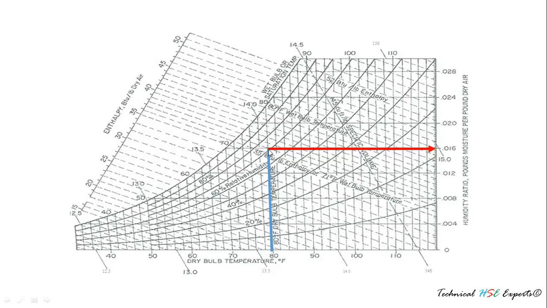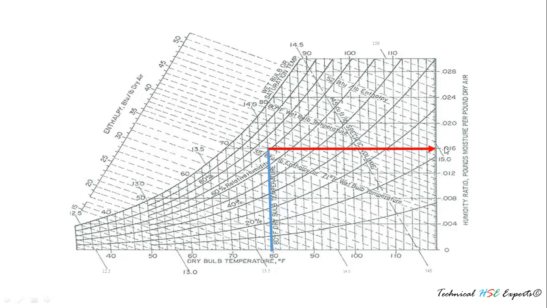In the question they have given 80 degree Fahrenheit and 70% relative humidity. See here, it is 60, it is 80, so the middle curve will be for 70. So match the value 70 and identify the option.